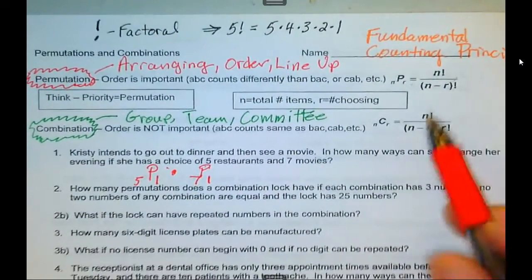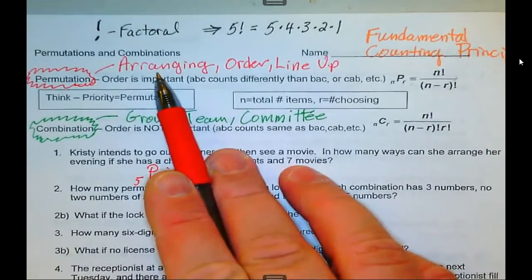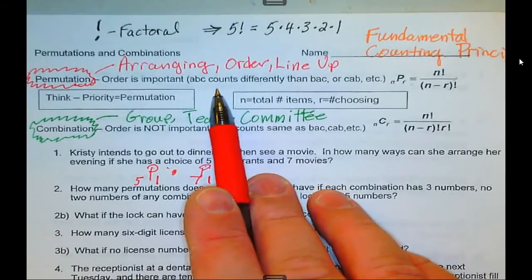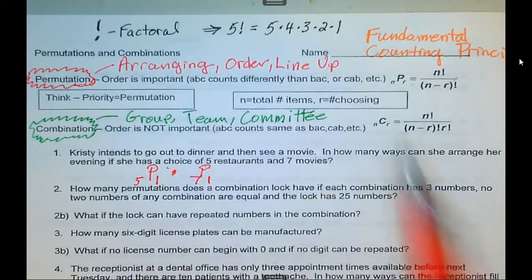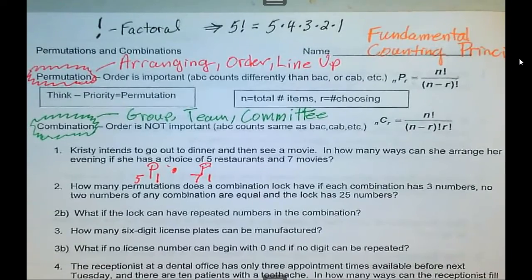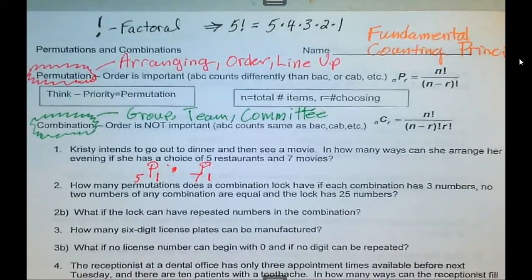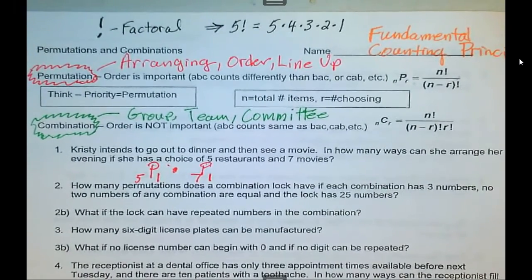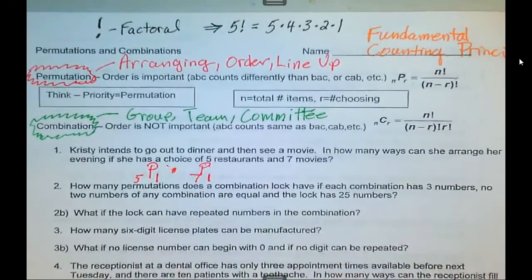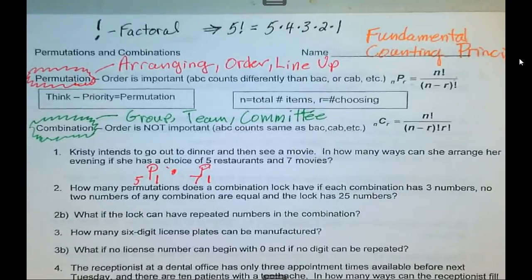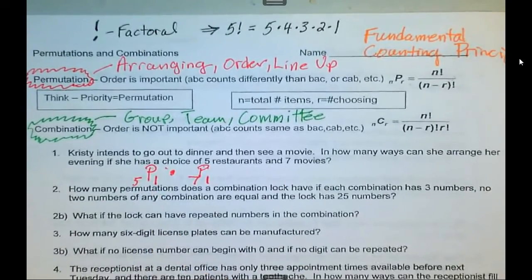Permutation is where order matters, like lining up at the door. If I want 5 students lined up at the door, how many ways can I line up those students? That's a permutation. If I wanted to pick a group of students, that would be a combination. Suppose I wanted to go out to dinner twice before a movie, then that would be a 2.